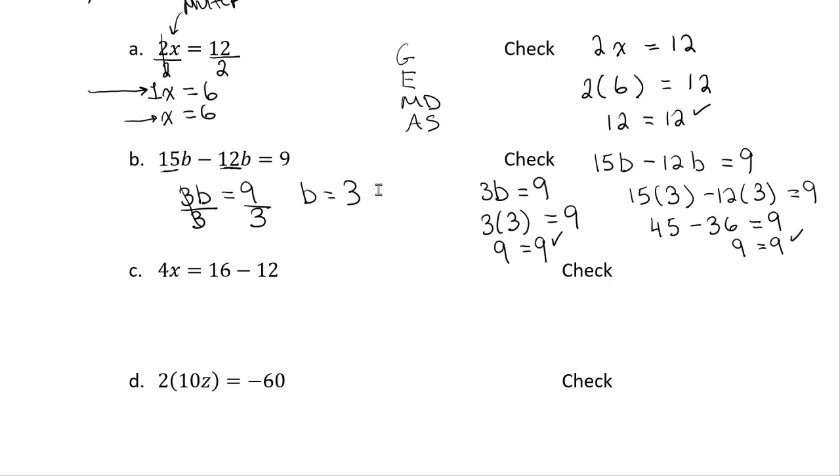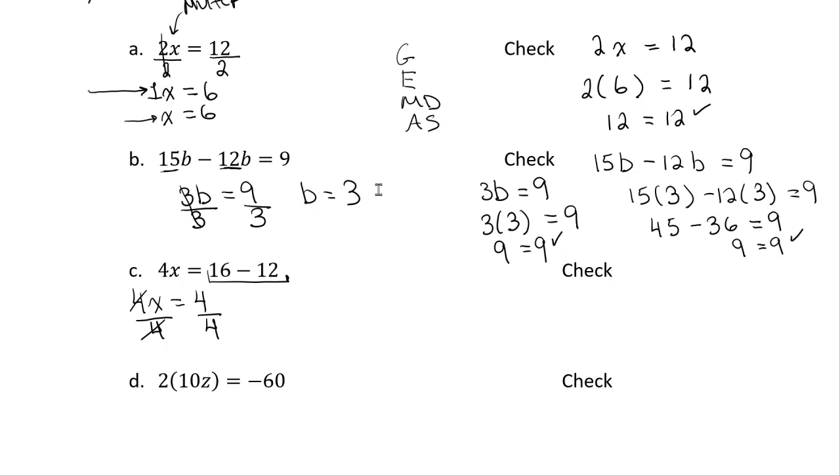Okay, so here I just have something on the right-hand side that I need to get simplified first. So I have 4x equals 4. I'm multiplying the x by 4. So to get rid of that, I need to divide by 4. 4 divided by 4, making up my own words here, is 1, right?